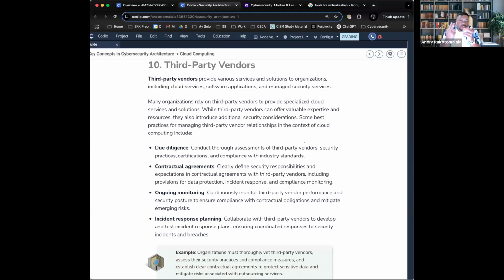You want to make sure that only certain people have access to certain things. You want to make sure that you include segmentation and visibility. And finally, one of the most important pieces is you need to make sure to keep up the CIA triad: confidentiality, integrity, and availability. All right.